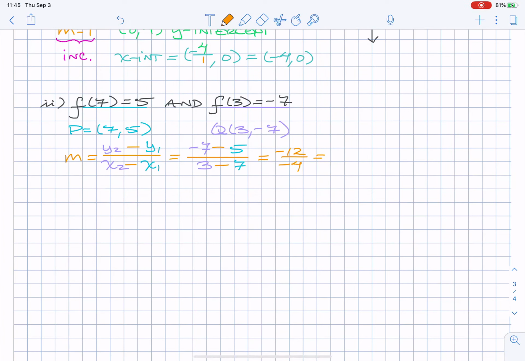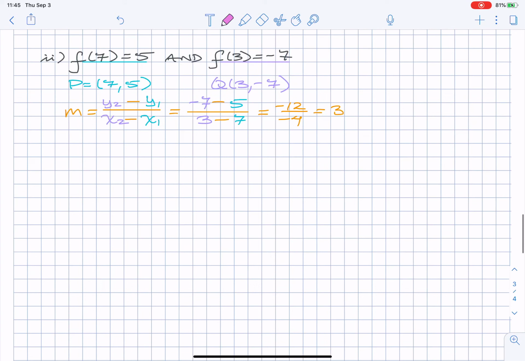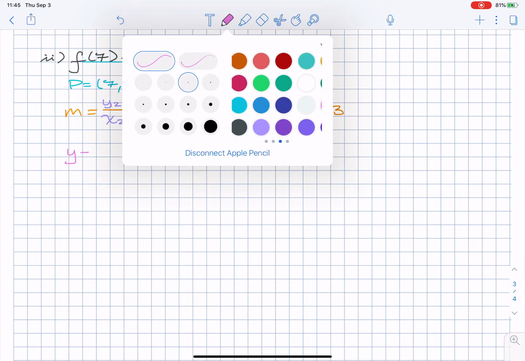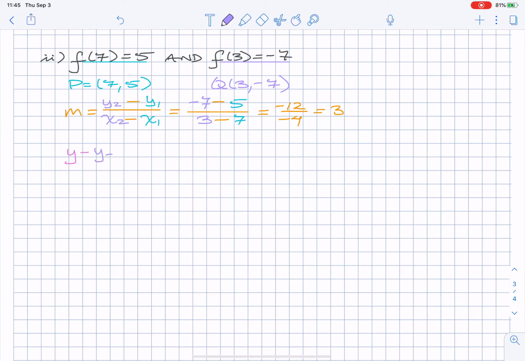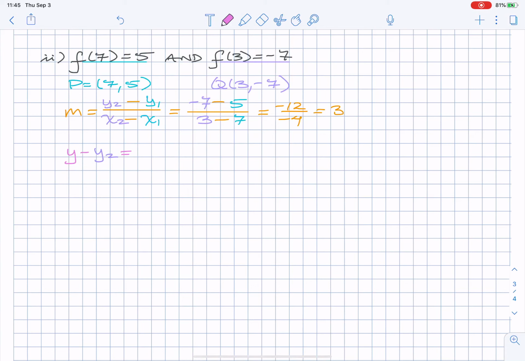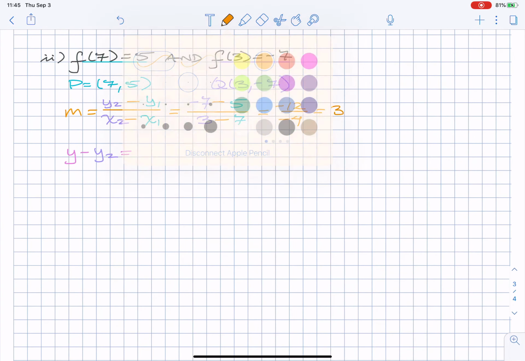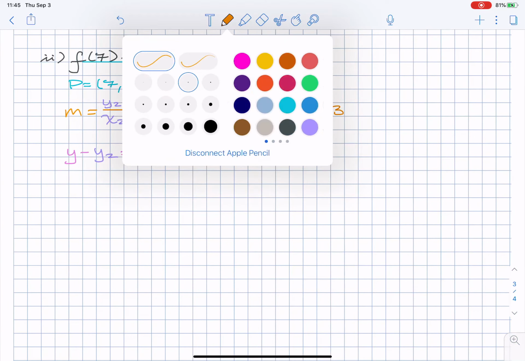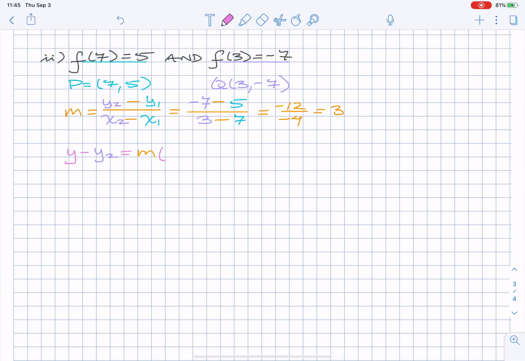Okay, so use the point-slope form of the line. So we have y minus y given is equal to slope m times the quantity x minus x given.